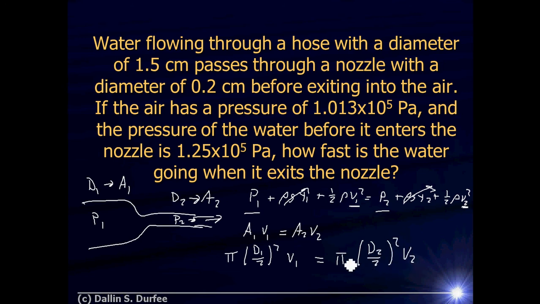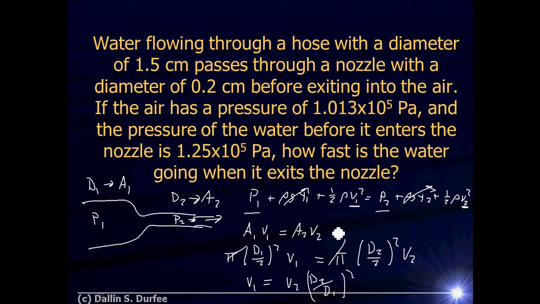All right, and then we cancel out our pi's, and we find that v1, the thing that we don't want to find, we can find in terms of the thing we want to find. It's just going to be v2 times the diameter of the nozzle divided by the diameter of the hose, squared. Okay? And then you just plug that in for v1, and then you've got one equation, one unknown, and I'll let you do the rest.